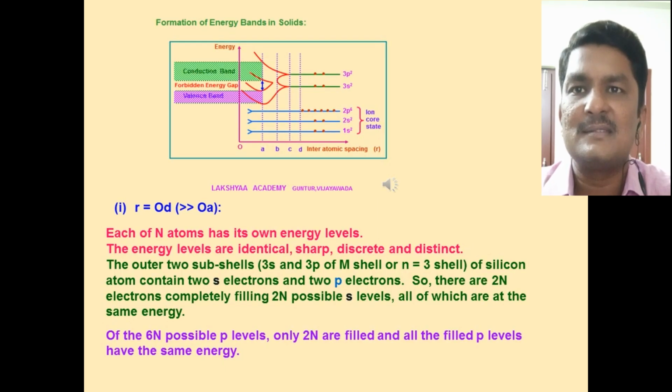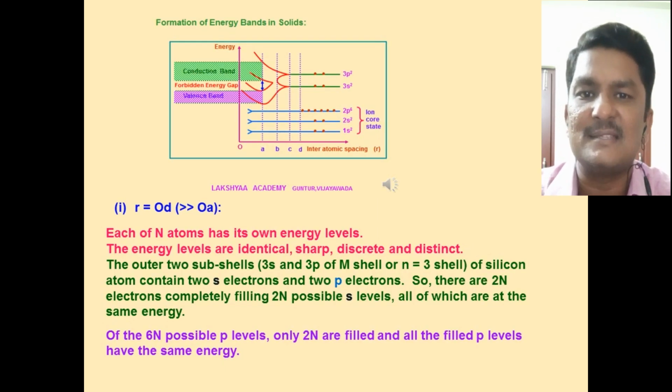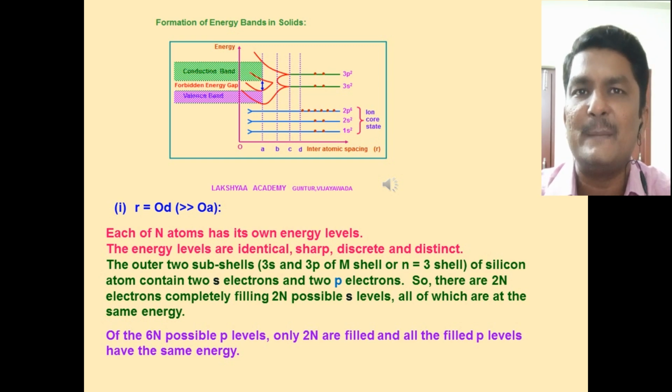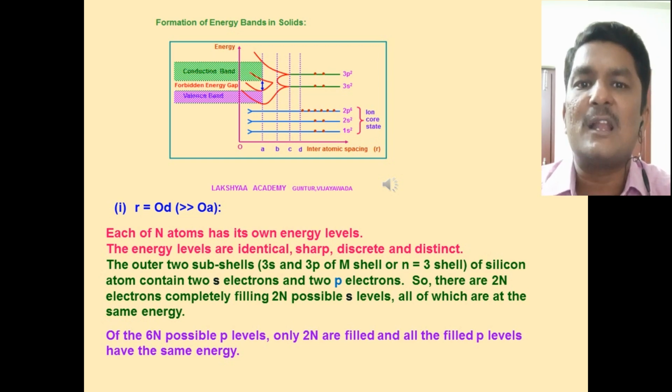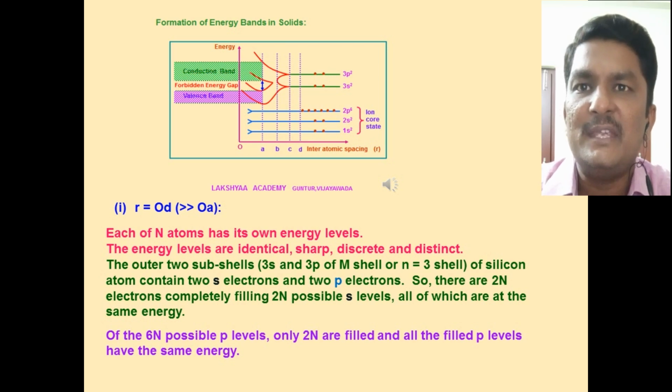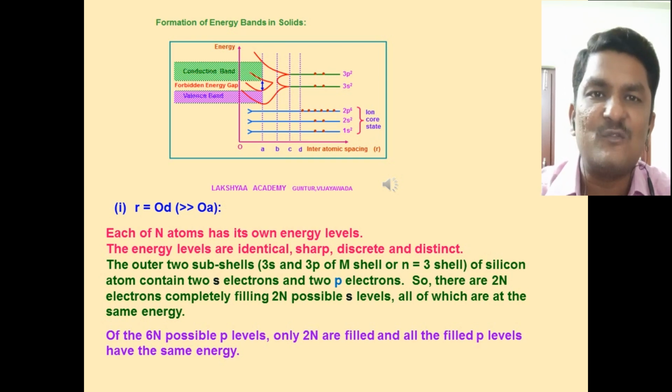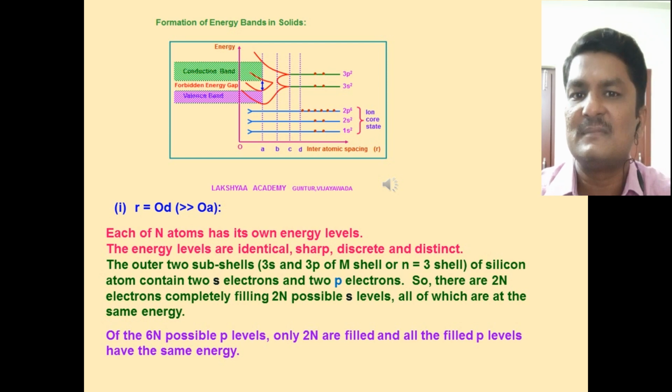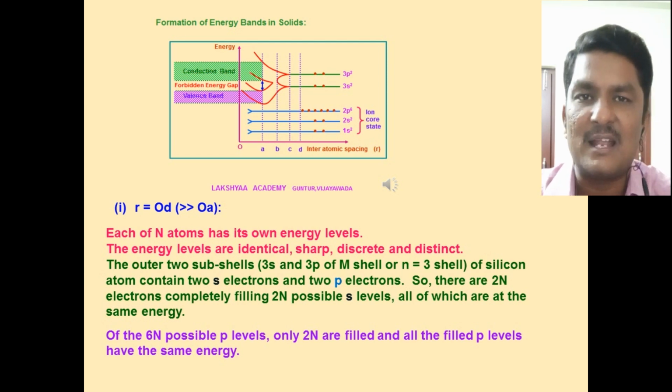Consider the first case, the interatomic spacing R equal to OD, that is far greater than OA. Observe the graph carefully. Each of N atoms has its own energy levels. The energy levels are identical, sharp and distinct.